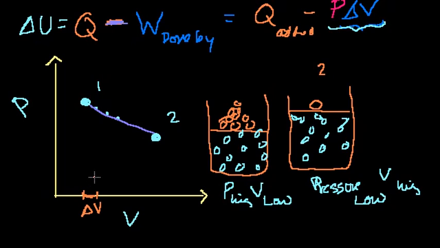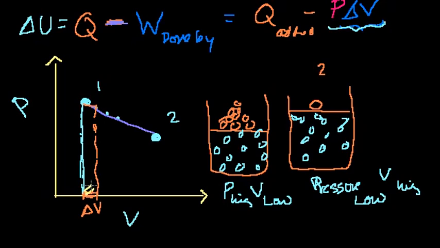Since we did it over such a small increment, and we're so close to equilibrium, we can assume that our pressure is roughly constant over that period of time. So we could say that this is the pressure over that period of time. And so how much work we did? It's this pressure over here times this volume, which is the area of this rectangle. The area of this rectangle right there.